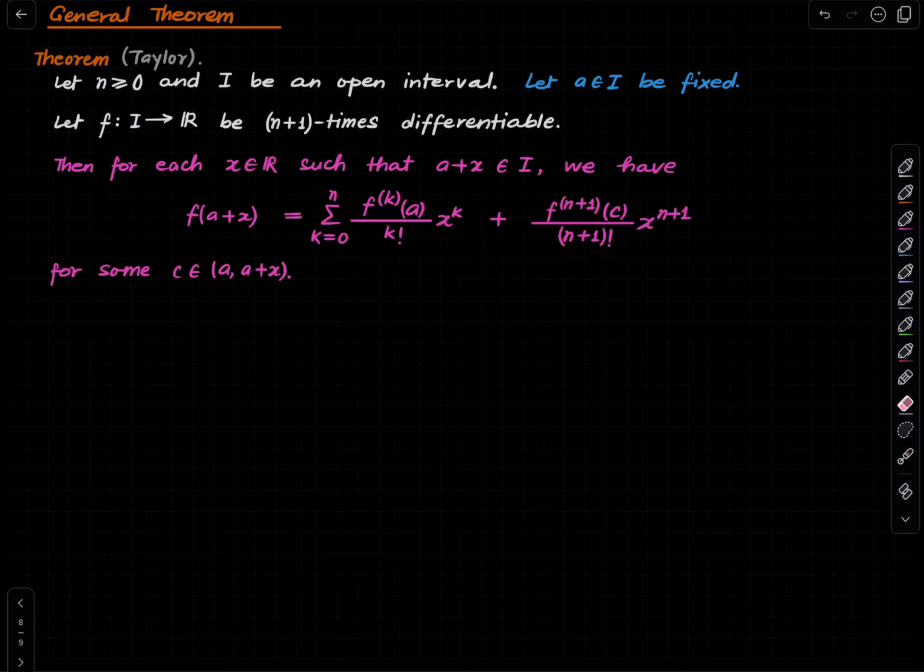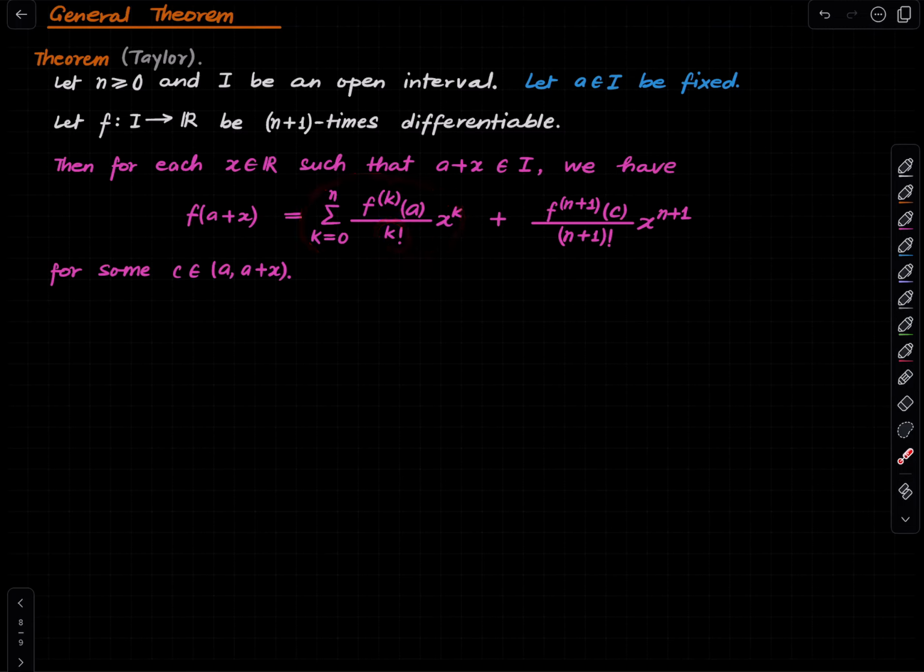Then for any x in R such that A plus x is also in the domain, you can think of this as all real numbers for the sake of understanding, the value of the function at A plus x is, first you have a degree n polynomial, and here you see factorials appearing.